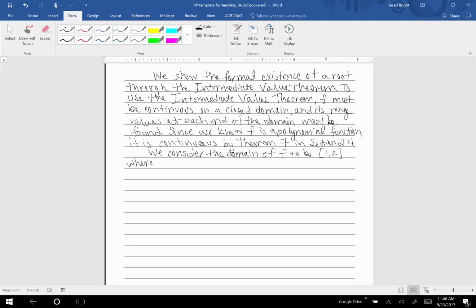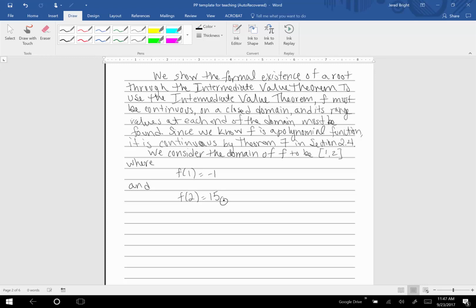And then f of 1, okay, if I evaluate f of 1, that would be 1 to the 4th plus 1 minus 3, which is negative 1. And f of 2, okay, so 2 to the 4th is 16 plus 2 is 18 minus 3 is 15.